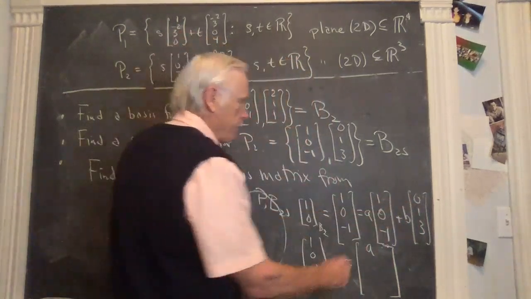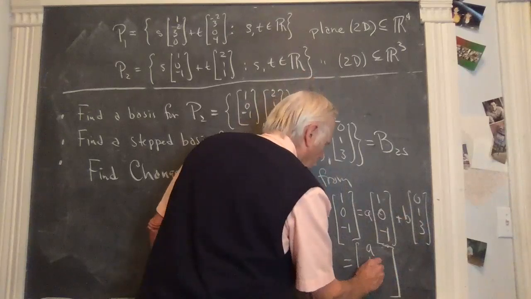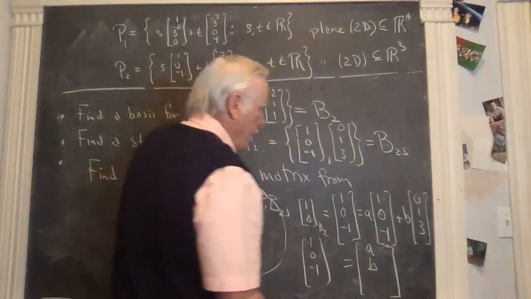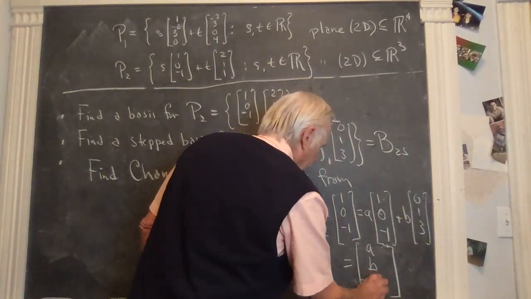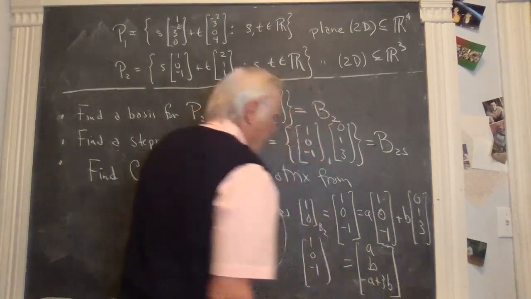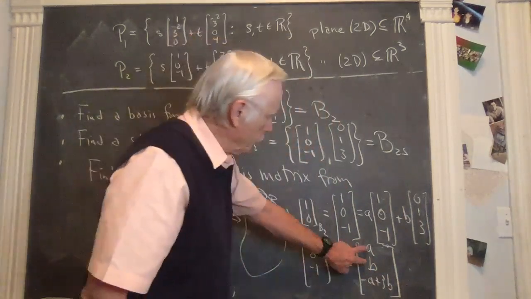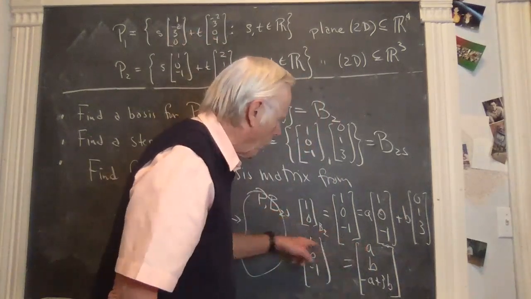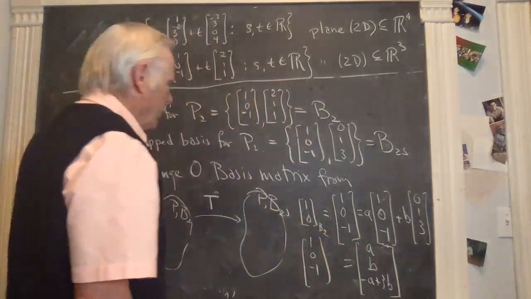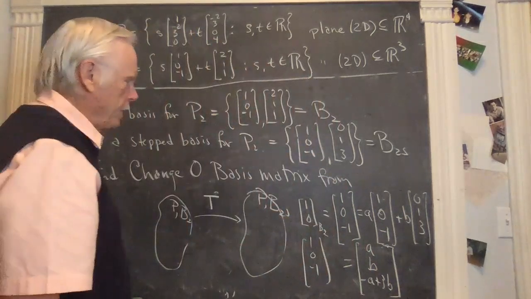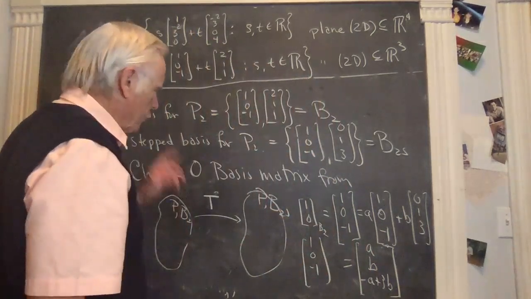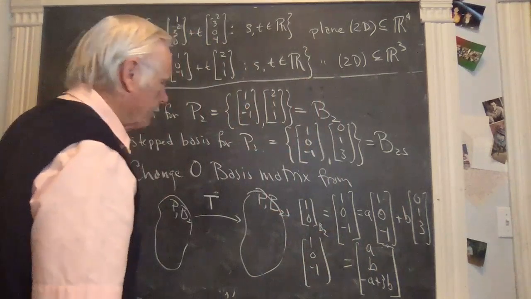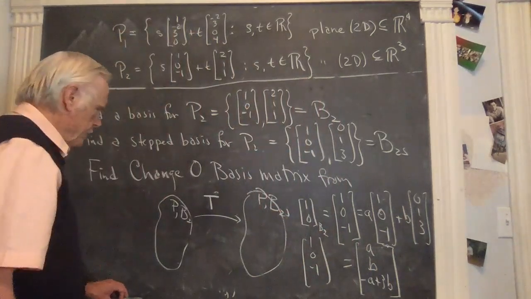And when you add the second coordinates up, you get B. And then the third coordinate is minus A plus 3B. But the first two tell you what A and B are. A is 1, B is 0. And that is the first column of T.